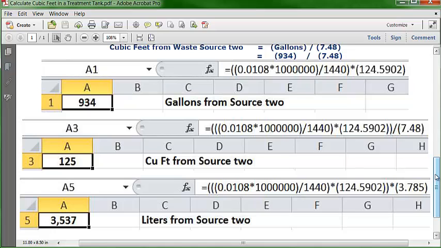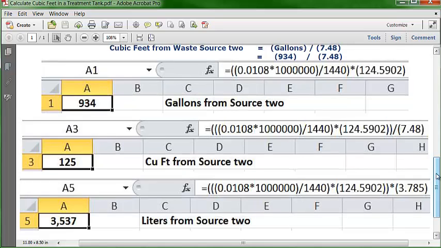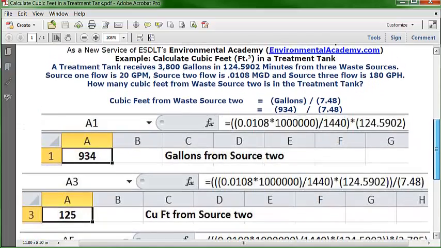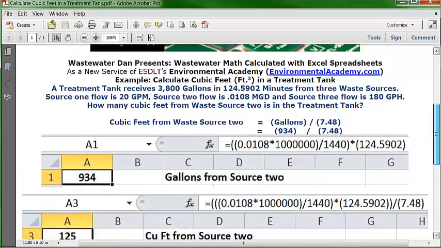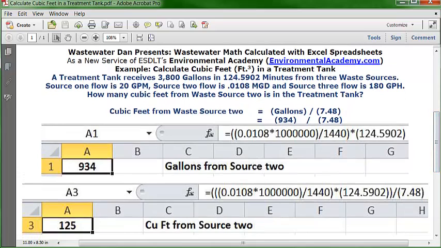The 3.785 is the conversion factor from gallons to liters. So that's actually all three. That takes the same basic information and calculates the gallons, and it calculates the cubic feet. Cubic feet being 125 and gallons being 934.